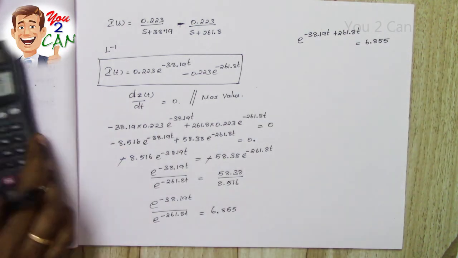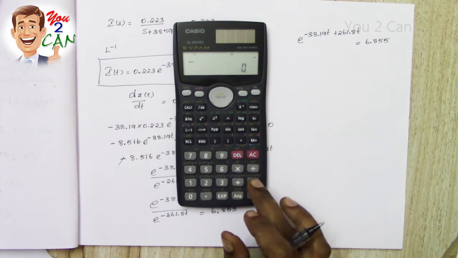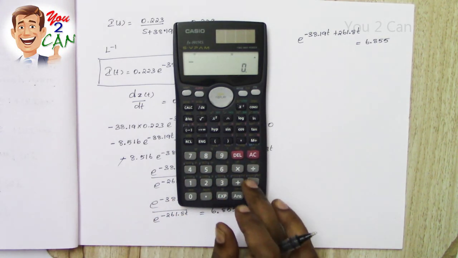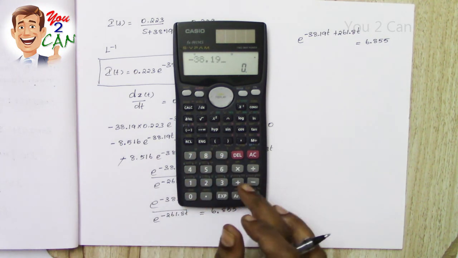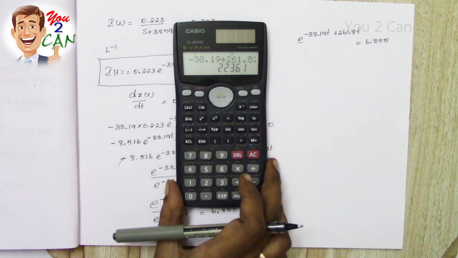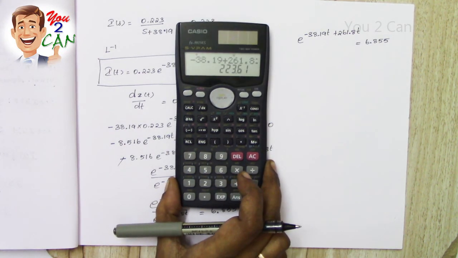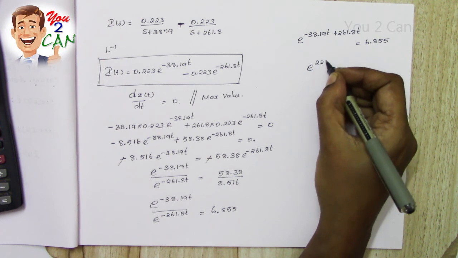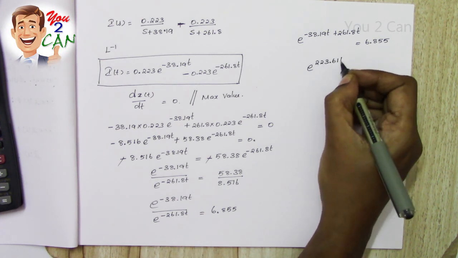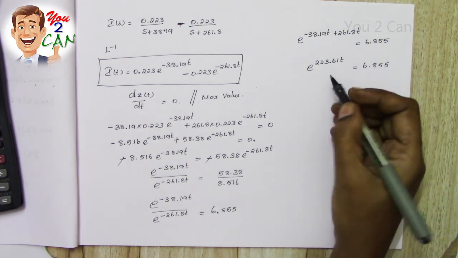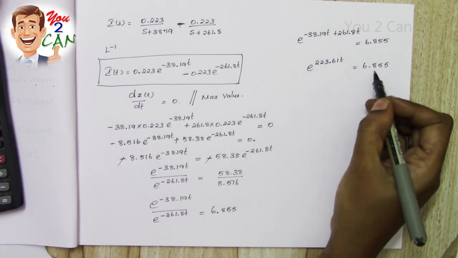Okay, now add these two, that is minus 38.19 plus 261.8 will be 223.61, that is e power 223.61 t will be equal to 6.855. Okay, here it is an exponential term, we get the answer.